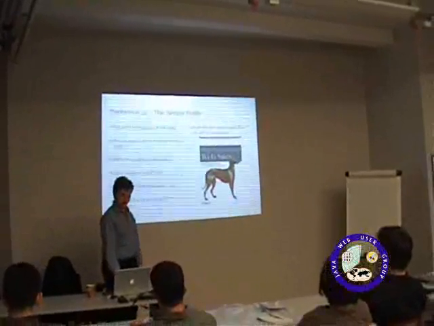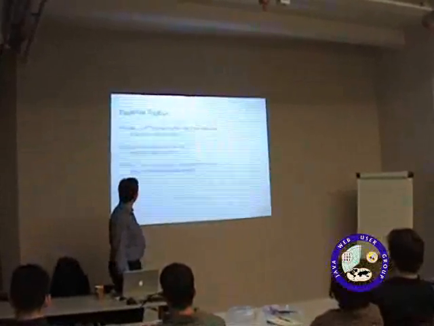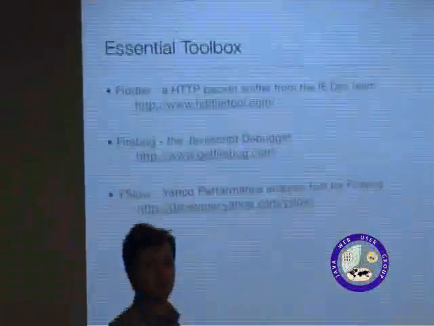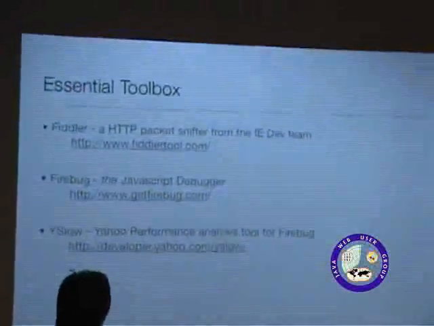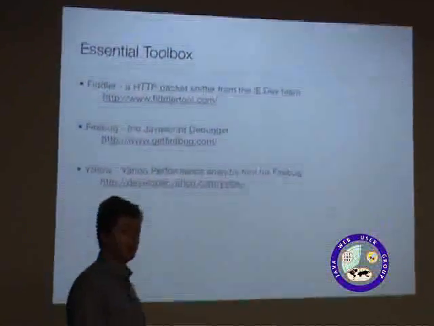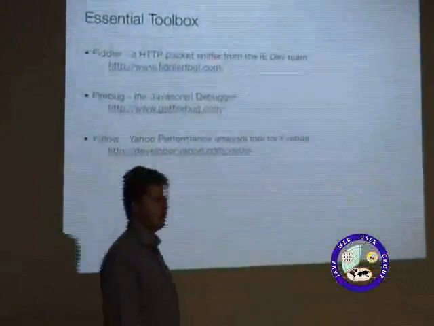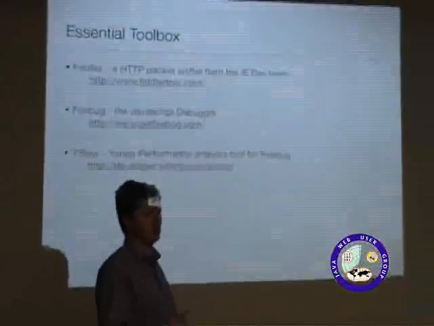And also, there's a plugin for Firefox called YSlow, which will really help. It analyzes your page and gives you a mark. If you're using Windows, use Fiddler. Brilliant. It's one of the best. It comes from the IE team, but it's not rubbish. It's an HTTP protocol analyzer, sniffer.